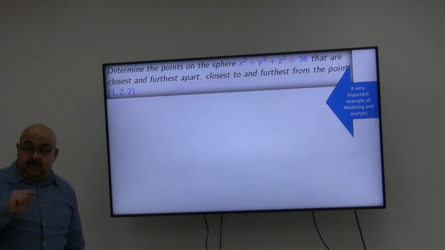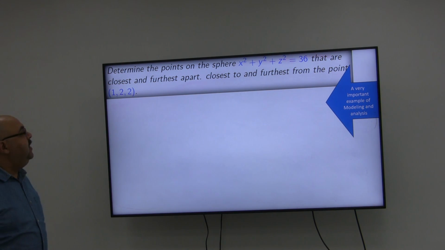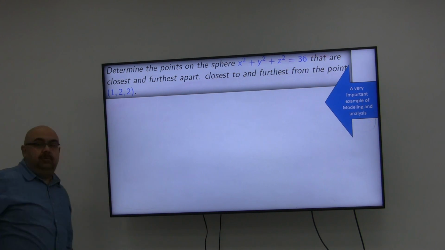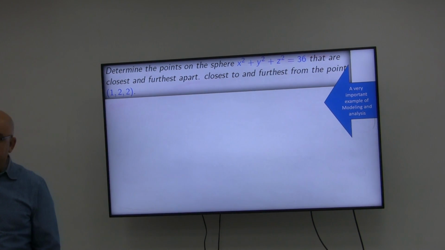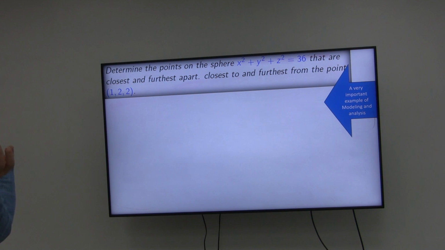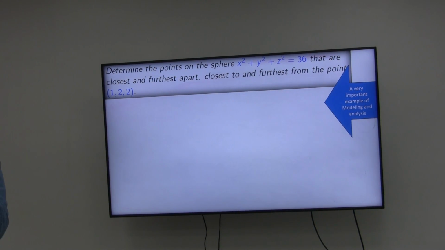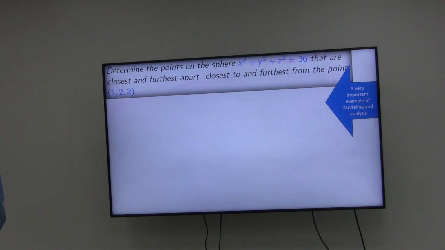So I need to determine the points on this sphere that are closest and farthest from the given point (1, 2, 2). Once more, I have a sphere and I have a point. I need to find the points on the sphere that are closest to (1, 2, 2) or farthest from (1, 2, 2). Do you understand what I'm saying?